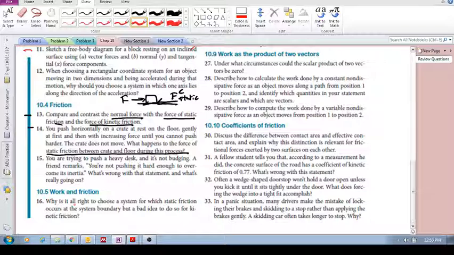16. Why is it all right to choose a system for which static friction occurs at the system boundary, but a bad idea to do so for kinetic friction?